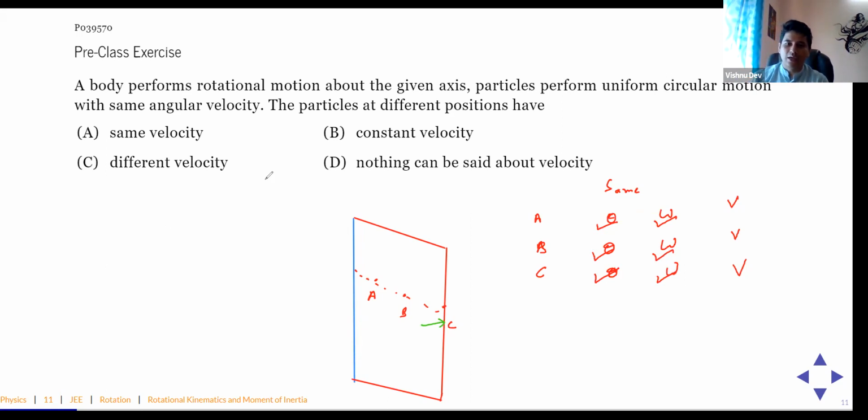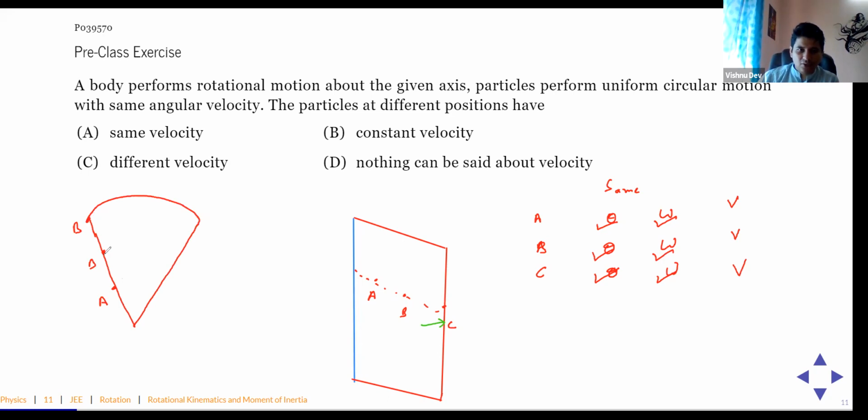Okay. I hope all of you know geometry. So if you know geometry, tell me this. See, basics. One point is here, one point is here, one point is here.